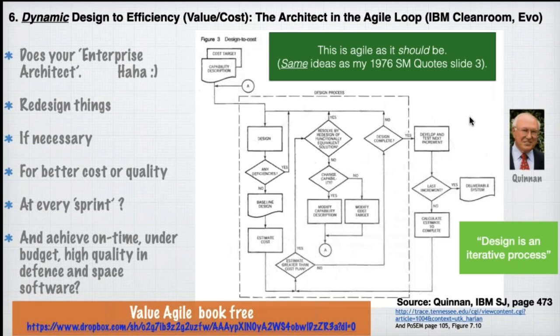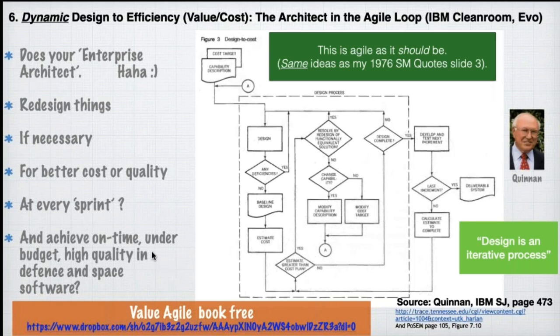You meet Mr. Quinnen, who worked at IBM Federal Systems Division, building software for space and defense projects at IBM. And Quinnen is the architect, the designer. And they reported that they developed a thing called the Cleanroom method. You'll find detail down here in this source, Quinnen.